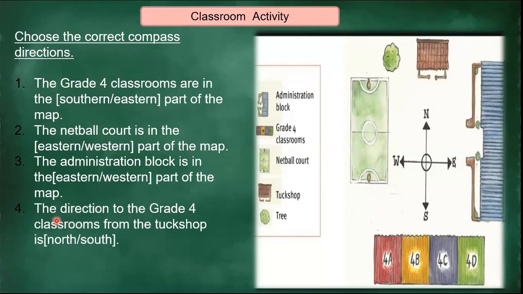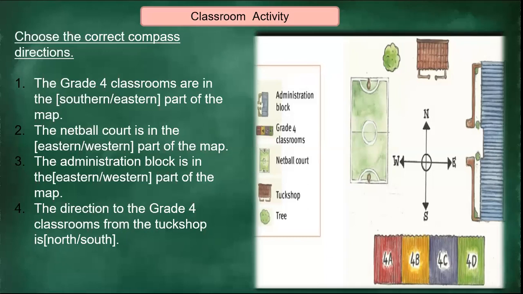The direction to grade 4 classroom from the tuck shop is north or south? Okay, we have Nogwanda. Ma'am, it's south. North.